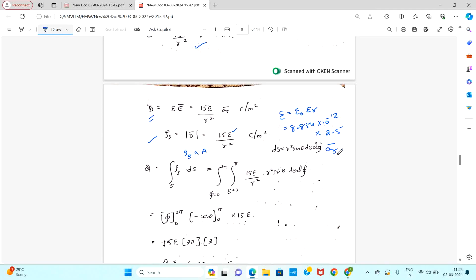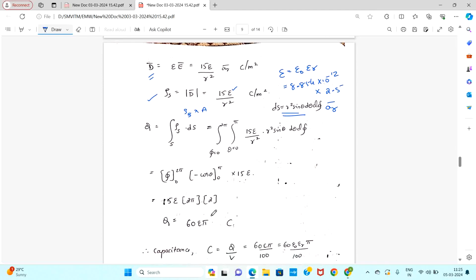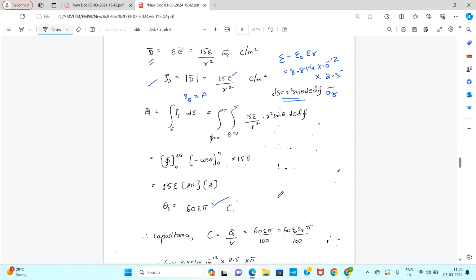So for a spherical system in the AR direction, the surface area will be r square sin theta d theta d phi. Take the dot product of this, just multiply the scalar value with this. R square gets cancelled. Integrate with respect to theta and phi. For a spherical system, you know the default range of theta and phi: phi is 0 to 2 pi, theta is 0 to pi. By substituting and simplifying, I'll get the charge value as this.